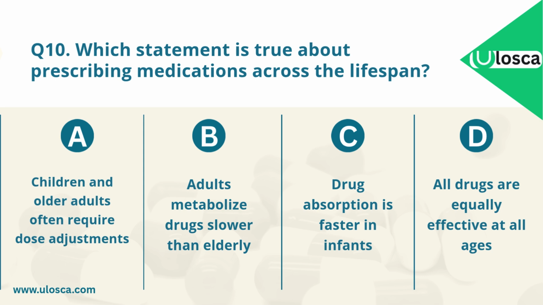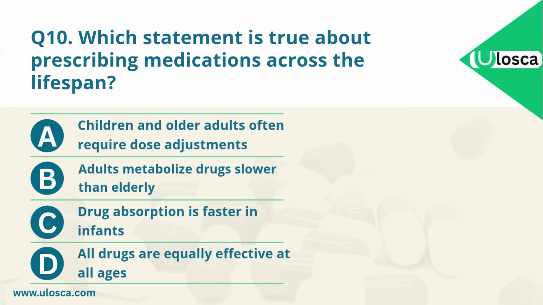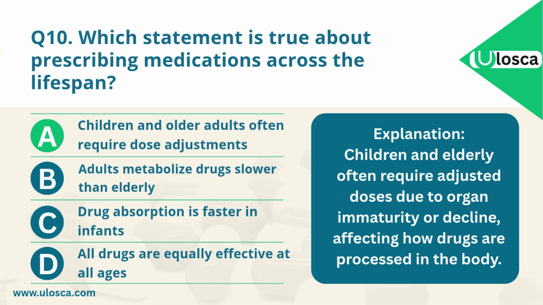Which one is the correct answer? The correct answer is A. Children and older adults often require dose adjustments. Explanation. Children and elderly often require adjusted doses due to organ immaturity or decline, affecting how drugs are processed in the body.